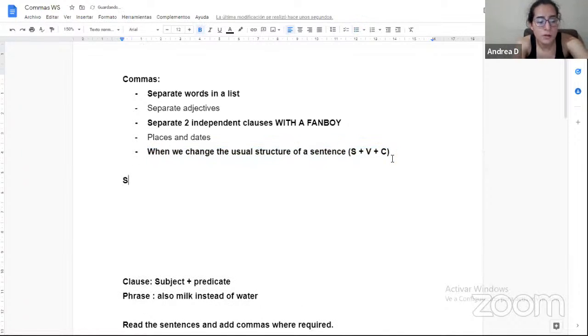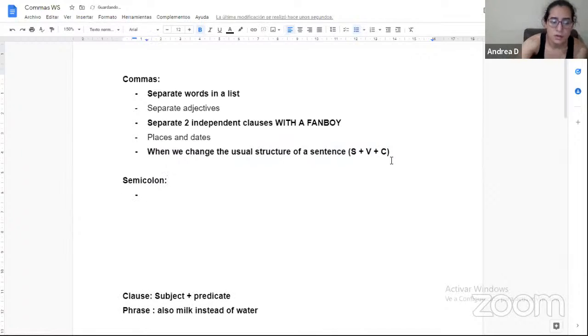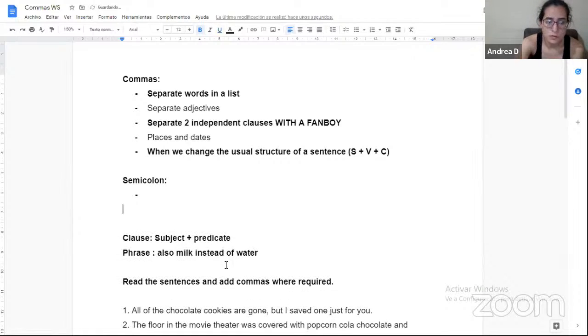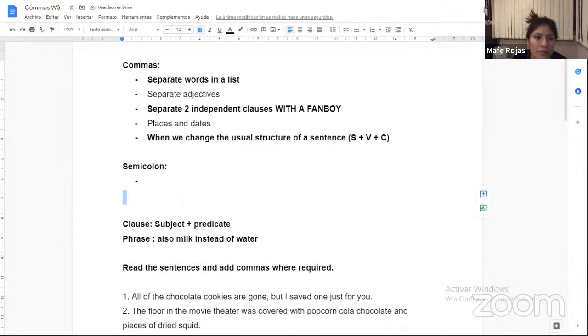Now, a semicolon, when do you use it? To separate two, I mean, not two different ideas, but two longer ideas, maybe.